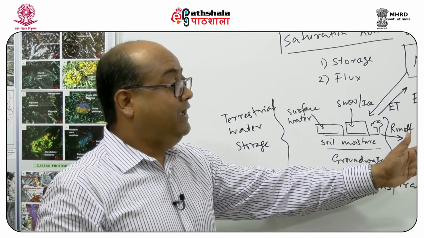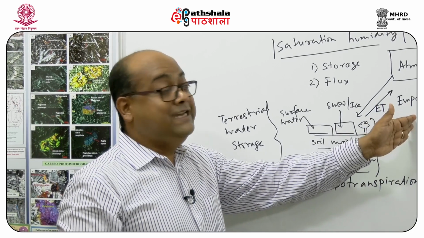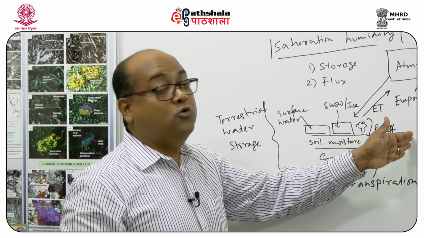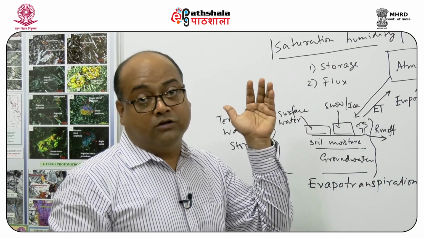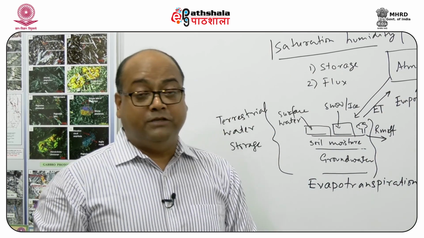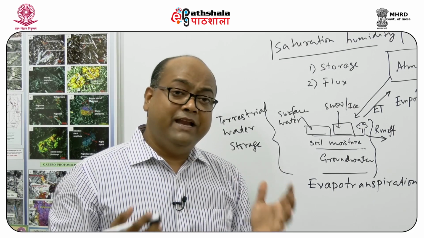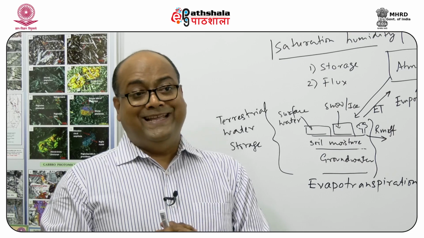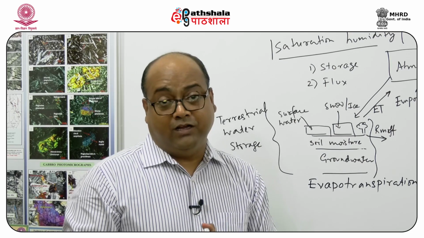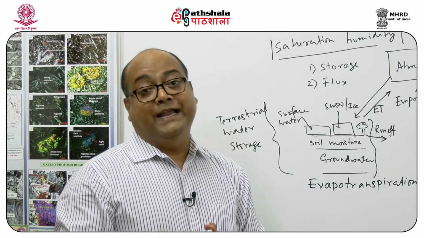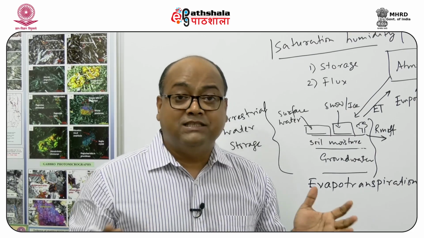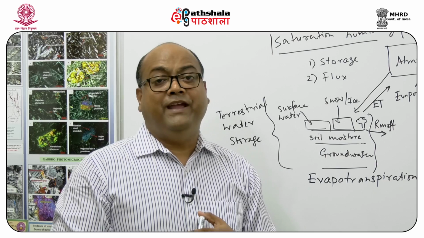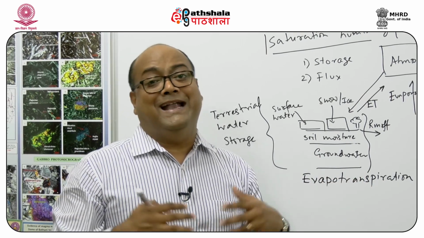But in the case of the ocean, I have written evaporation, not evapotranspiration, because there are no plants transpiring water. Evapotranspiration is a hugely important flux, but the measurement is very difficult, owing to the heterogeneity in the plants.